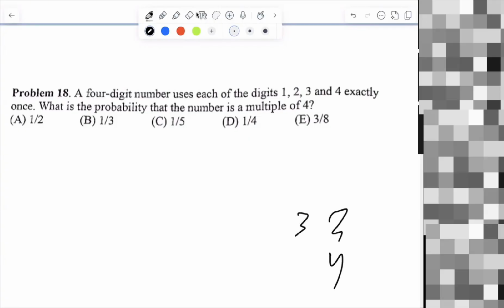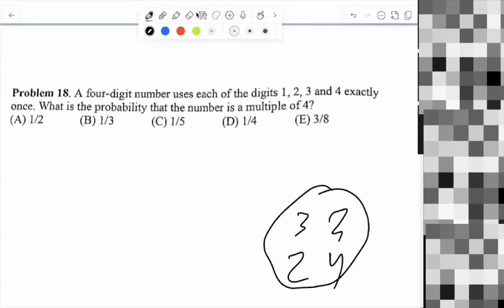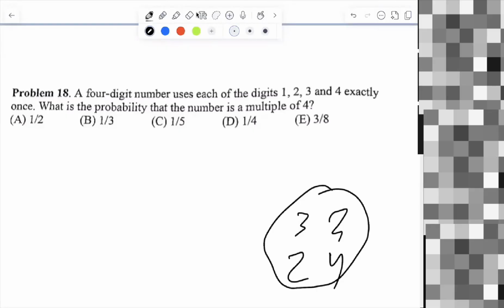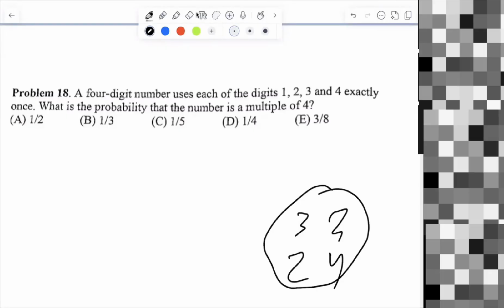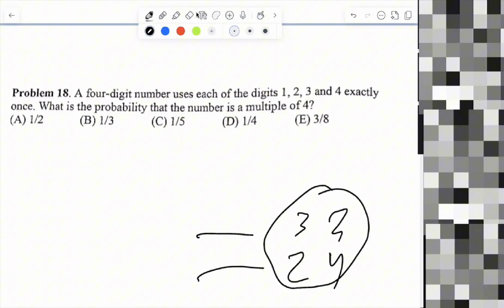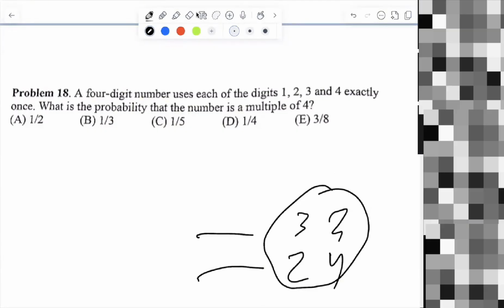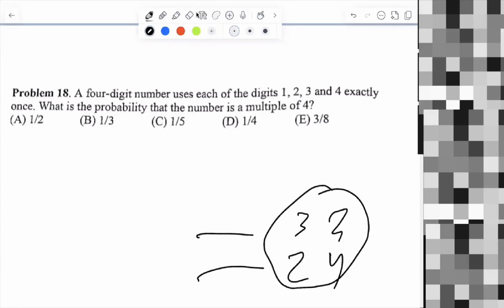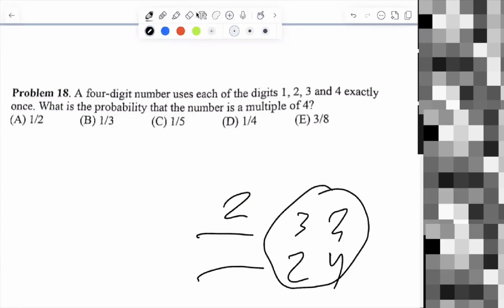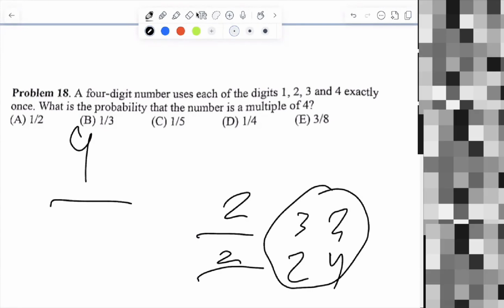Respectively, we get 3 and 2 for the tens digit. Now notice that we can have any of the other digits over here. Any choices. So there is a total of 2 choices with this one and 2 choices with this one. So that's a total of 4.